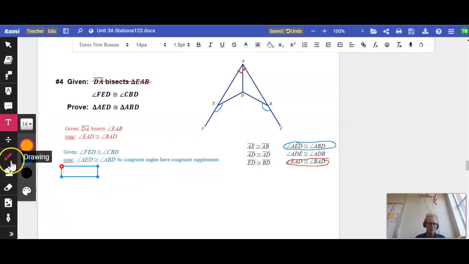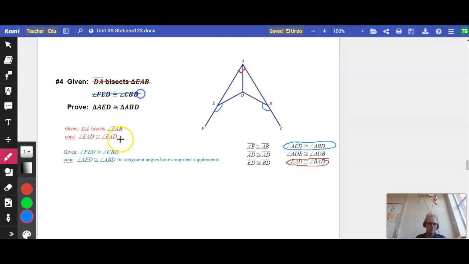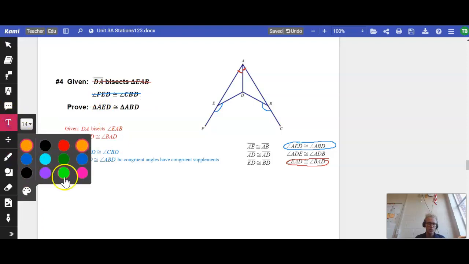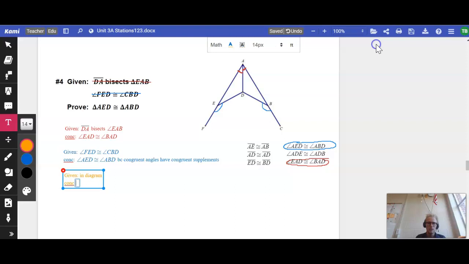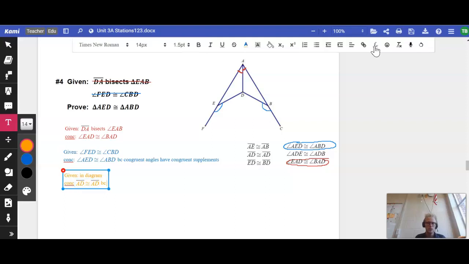We're out of our givens. So that leaves us with either vertical angles or the reflexive property. Hopefully you're looking at this and going, oh yeah, we got the reflexive property. It's right there. So given in the diagram, we have that AD is congruent to AD because of the reflexive property.